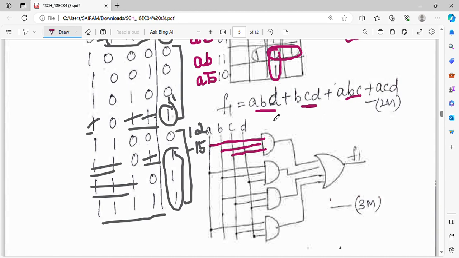Okay, yeah. Next, you give A, B and D, this one. I'm so sorry for the distraction, I said something wrong. So A, B, D. Okay, yeah. And then you give B, C, D to the AND gate which is this.